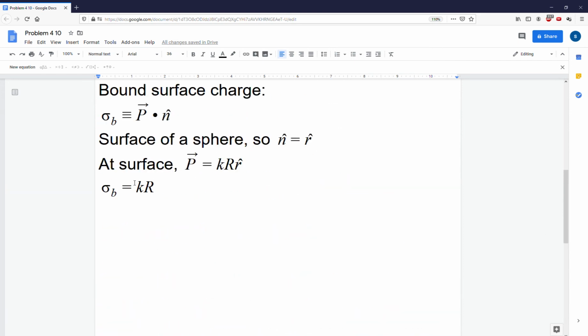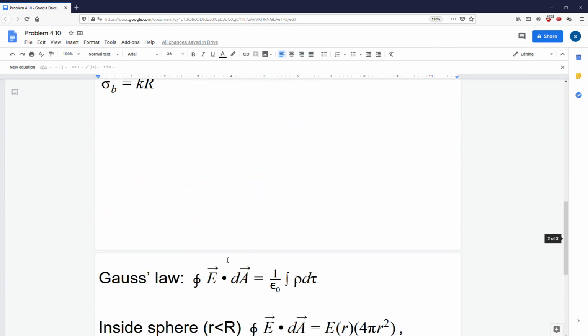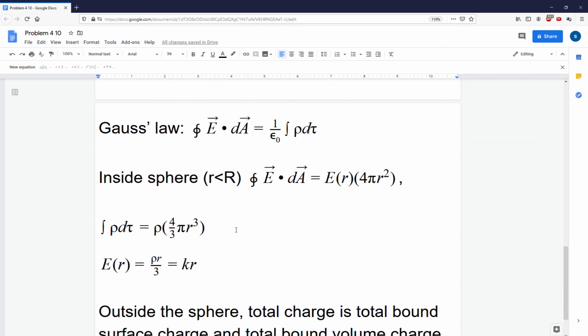And since the volume charge density is a constant negative 3k, we can say that the total enclosed charge is equal to that charge density times the volume of 4/3 pi r cubed.